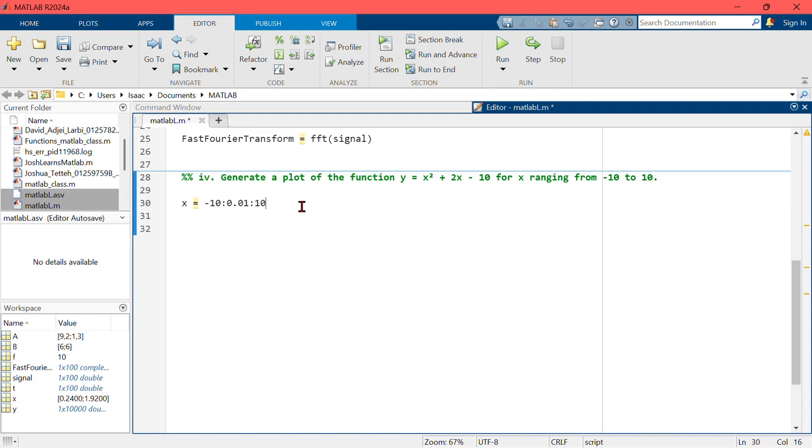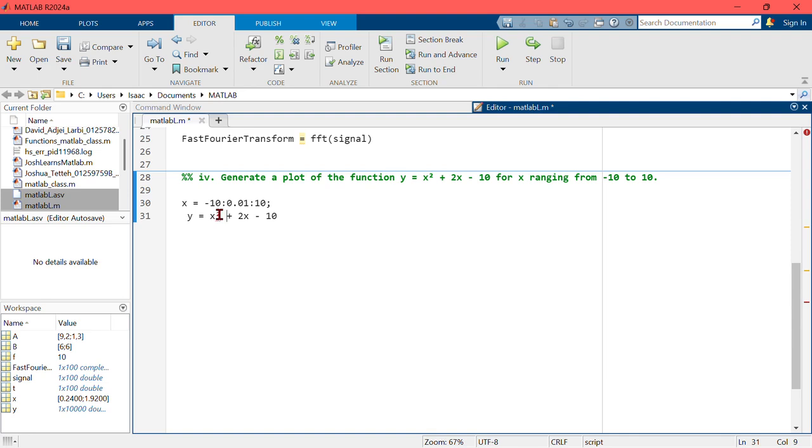So that's just about it for generating the range of values. Now the next thing is we define y, and y is equal to this. So we can just copy this, Control C, and then we modify it in here, Control V.